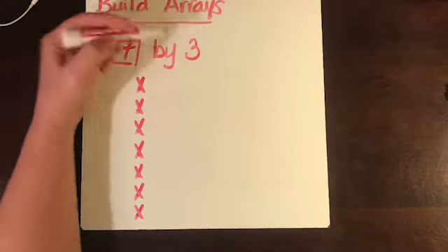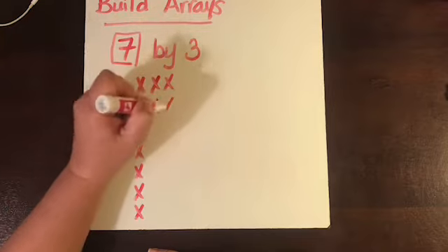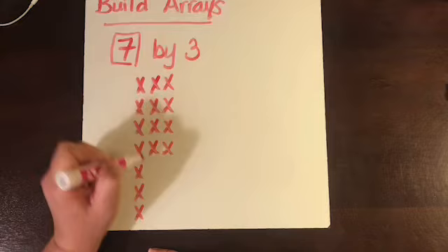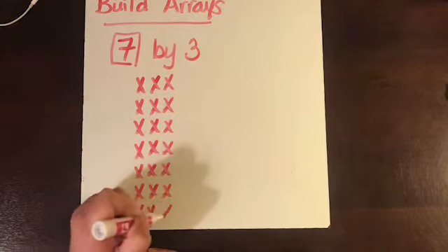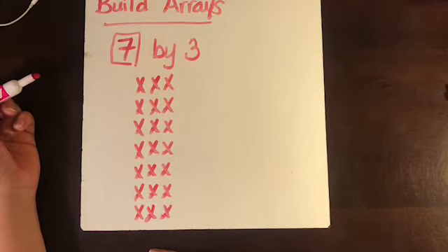And how many are in each row? 3. And then we're going to fill these in. Make sure you are putting your partners in there so that they're equal groups. Good job. All right, and how will I be adding those?